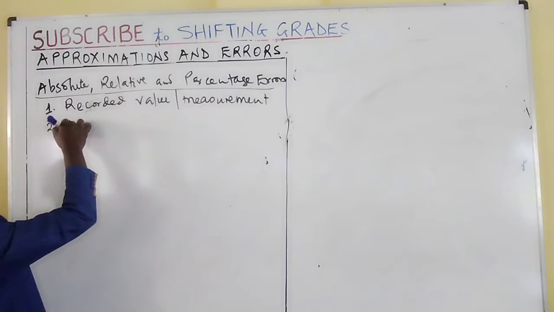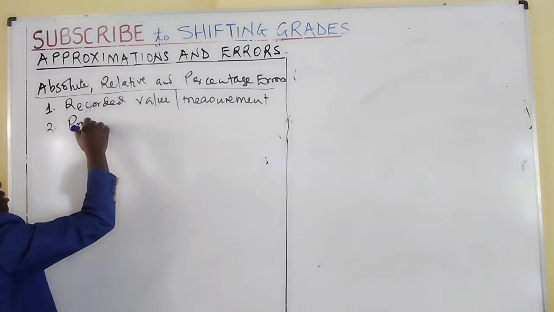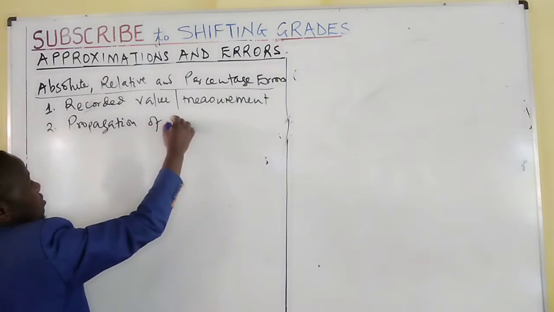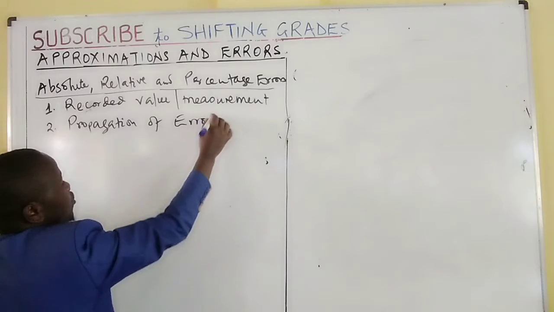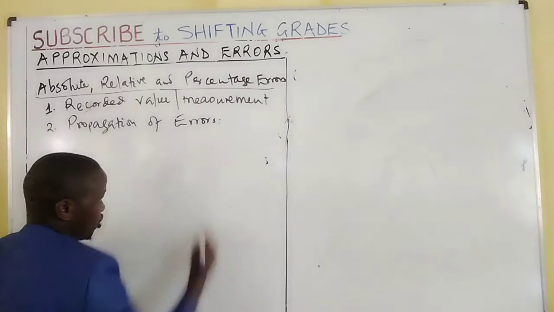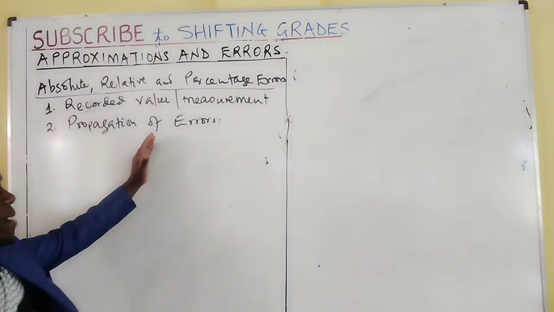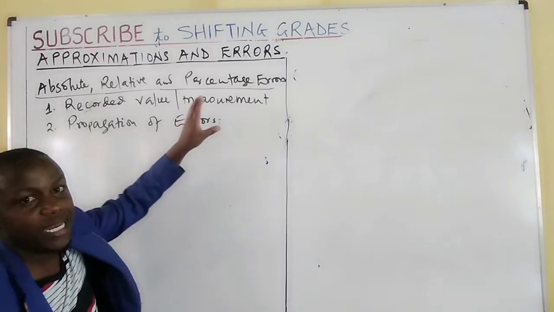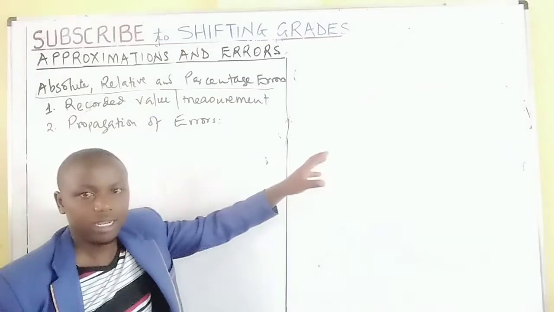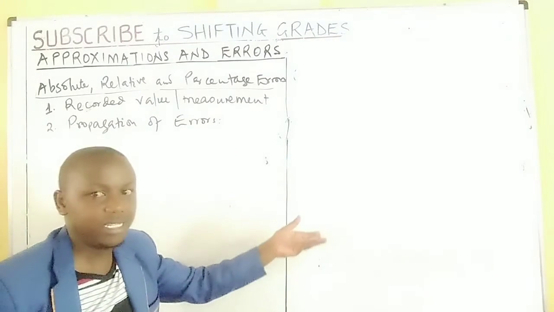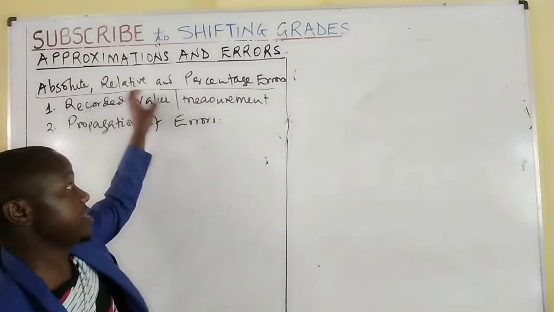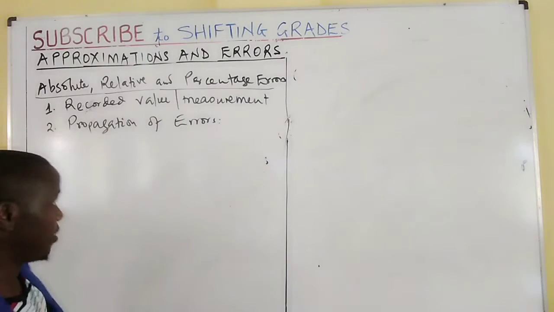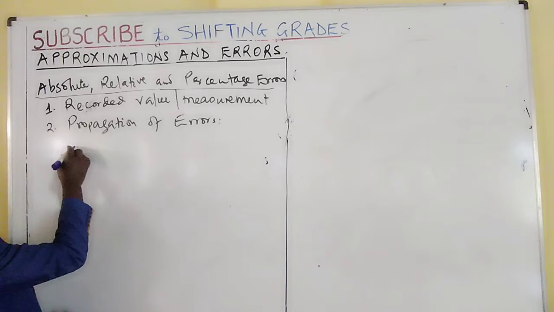So we can say propagation of errors. We will see them again under propagation of errors, whereby we will see, when values have been added, subtracted, divided or multiplied, the errors, the three of them. But now we start by looking at them when a value has been recorded. Therefore we start from measurements.